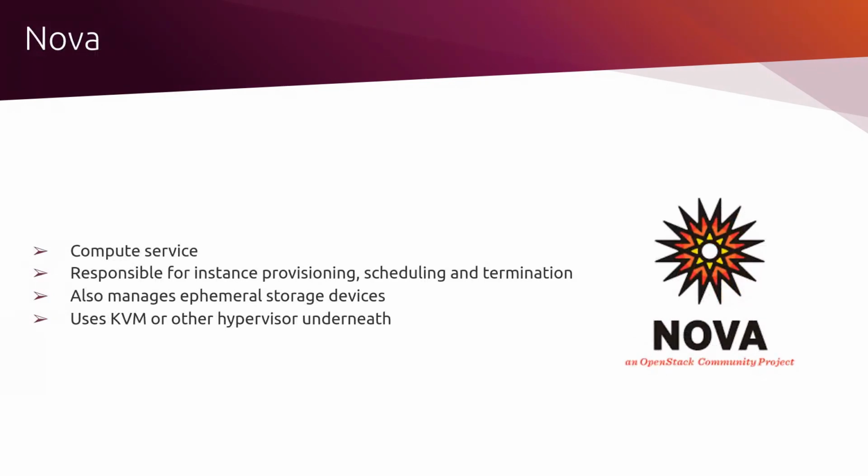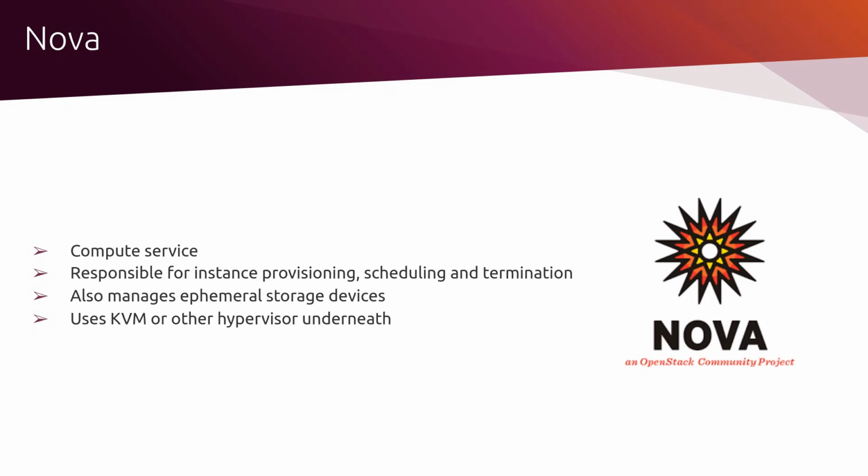The OpenStack Nova service is the essential service that provides the compute capabilities. It basically manages distributed compute resources and is responsible for instance provisioning, scheduling, and termination. So when you provision an instance in OpenStack, it finds the hypervisor where the instance will be provisioned and uses KVM or any other hypervisor underneath to actually launch the instance.